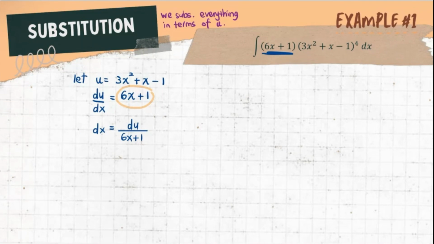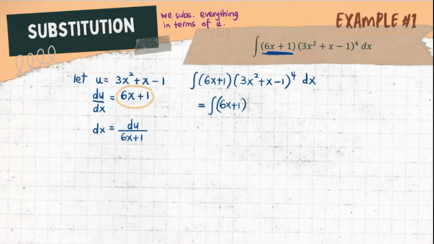Dan kemudian, saya tulis soalan ni kejap: 6x plus 1, 3x square plus x minus 1 to the power of 4 dx will now be written as, so 6x plus 1 ni dia kekal. Dan 3x square plus x minus 1 ni tadi kita dah let dia sebagai u.